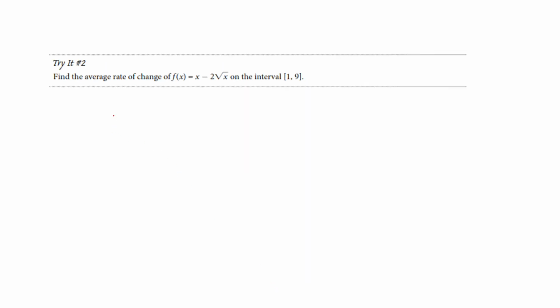Okay. So I have the x coordinates, but I don't have the y. So I'm going to plug them in. You don't have to show all this. I just want you to see that these are a pair, an ordered pair. So plugging it in here, I get 1 minus 2 square root of 1. Down here I get 9 minus 2 square root of 9. Okay, so if you just do the order of operations on this, I'm going to get 1 minus 2 is -1.